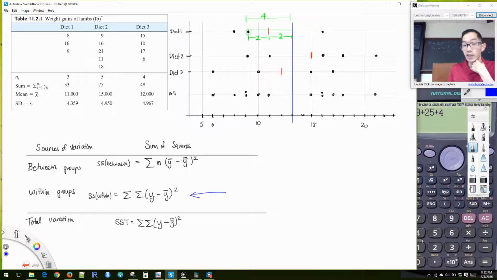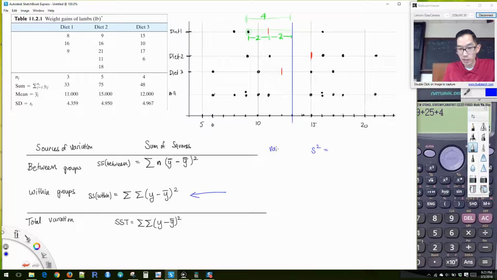A lot of times we'd rather just deal with summary data. When you give it to a computer, you need the individual data points, but if we're going to do things by hand, we'd rather just deal with the summary data. So we're going to go back to our relationship, or definition, of standard deviation and variance. We can think of the variation as s squared. S squared is our variance.